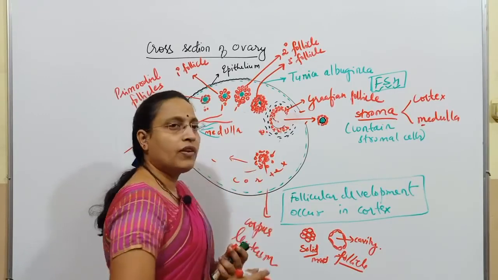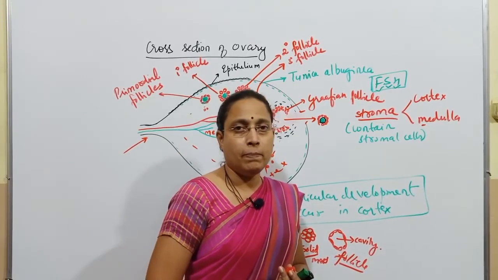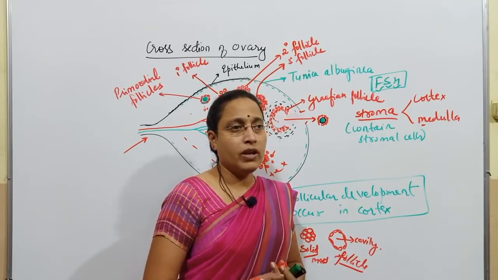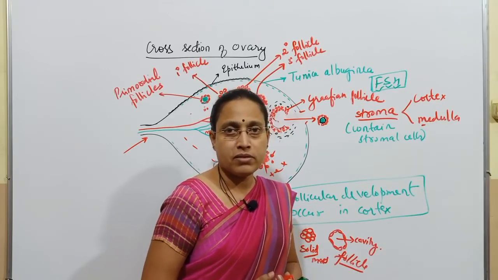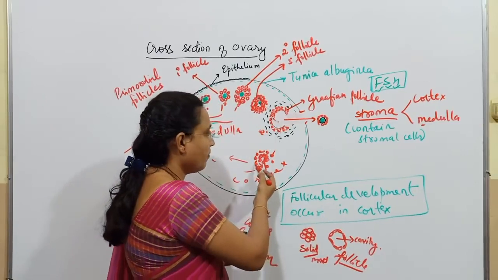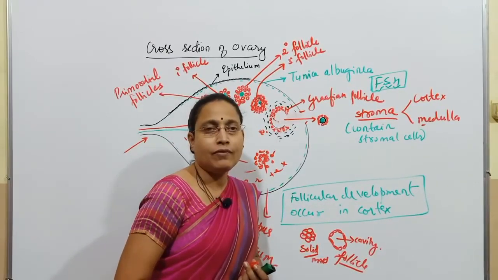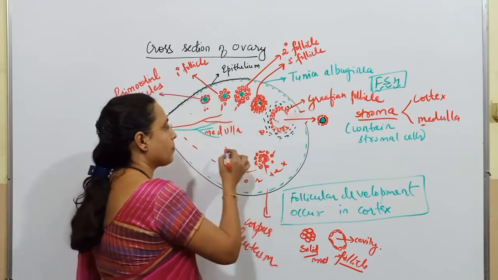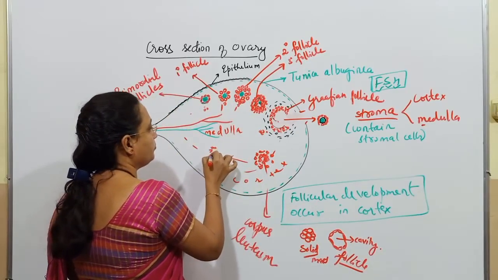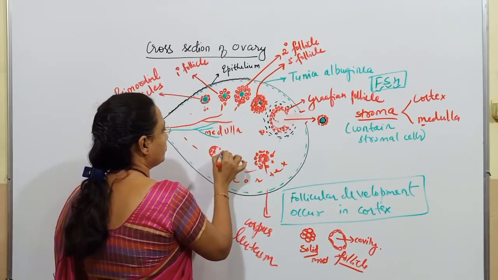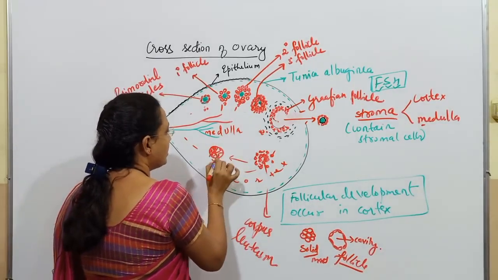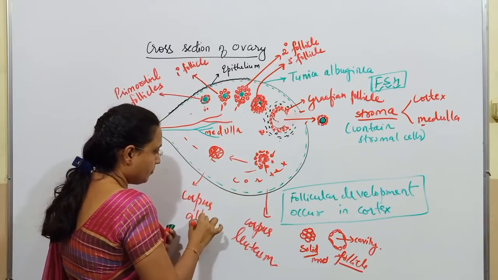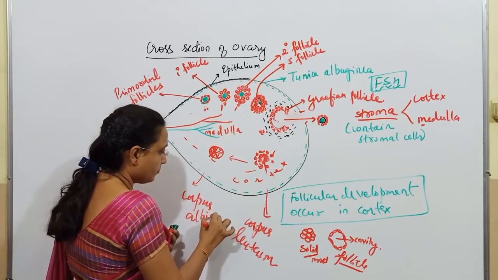Now if there is no fertilization with the sperm, that is, the ovum does not get fertilized with the sperm, the corpus luteum will degenerate and form one more degenerated structure called corpus albicans. It will get degenerated and form corpus albicans.